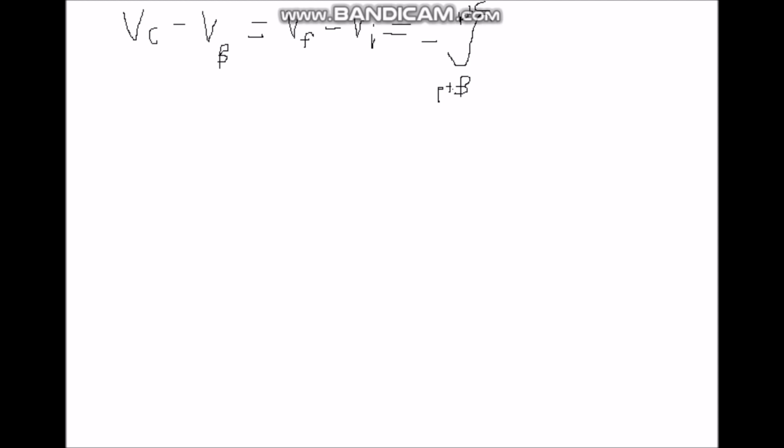And this is actually a path integral, but we're just going to write it as the vector E at a specific radius, dot dL along that path.